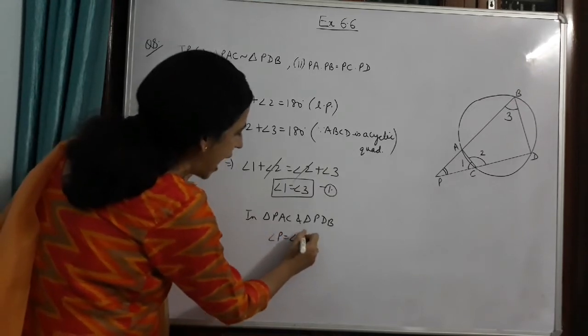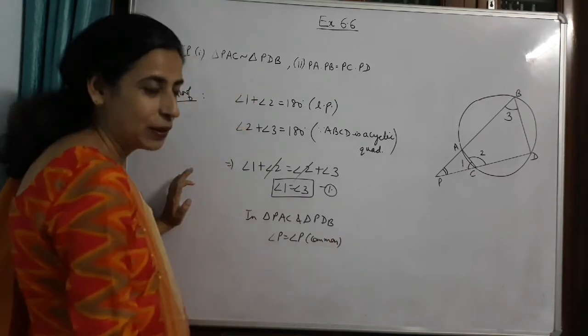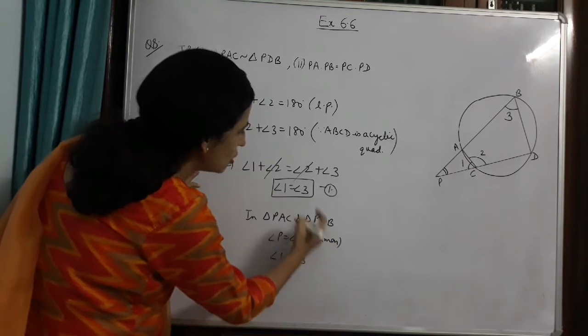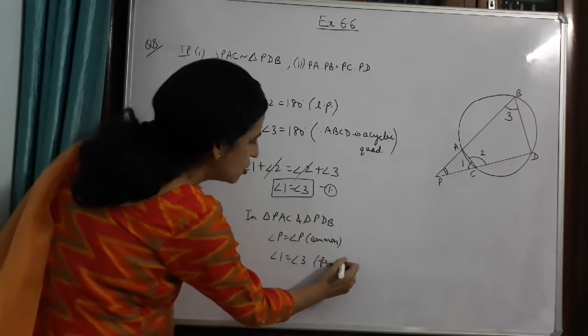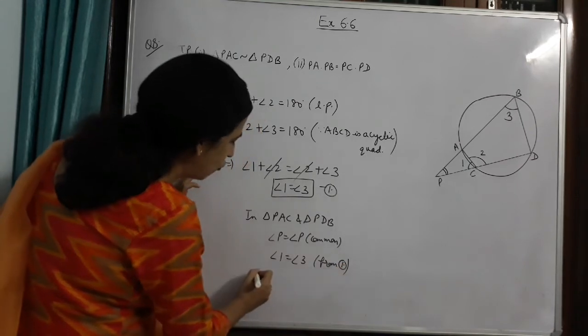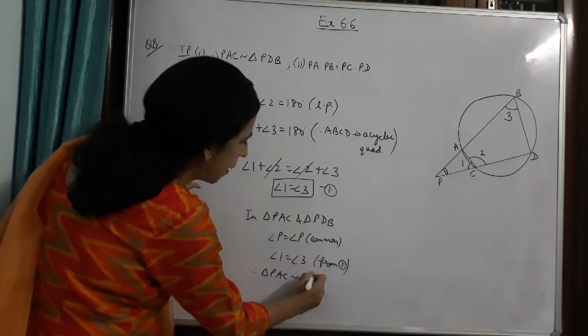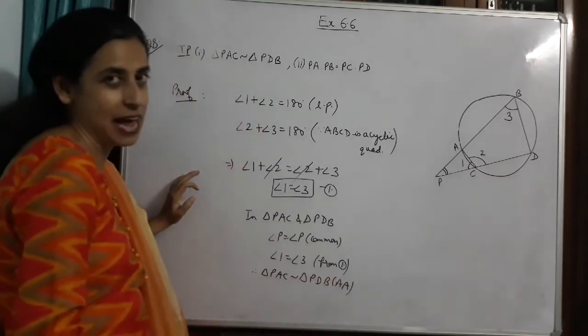So we write down angle P is equal to angle P as it is the common angle, and we have angle 1 is equal to angle 3. We have already proved this from equation 1. So therefore these two triangles are similar by AA criteria of similarity.